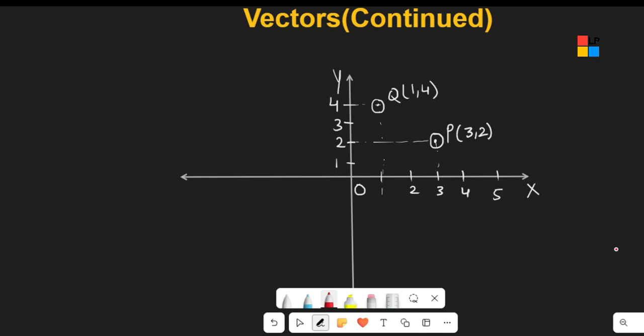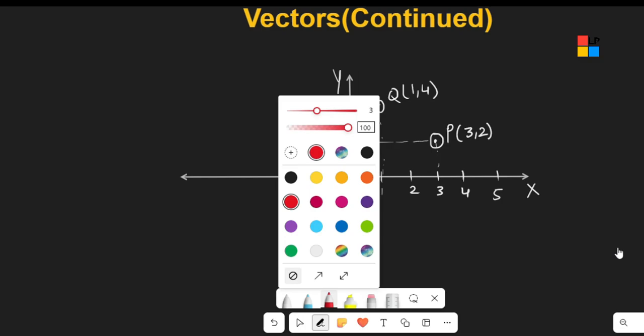So these are 2 points, two different positions actually. I'm saying point here because the position is a point here. And this point is telling you some information about the x-axis and y-axis.